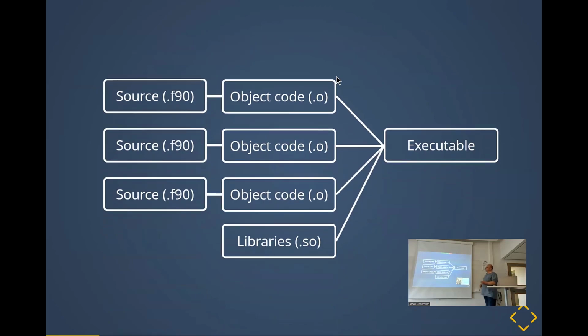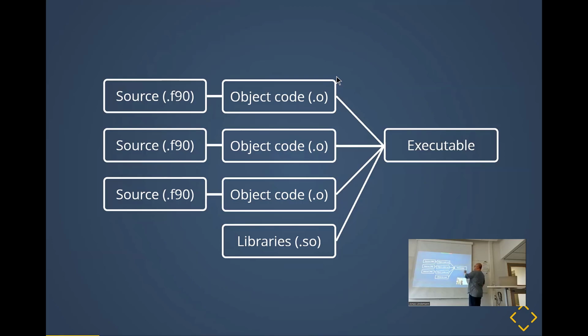So the procedure looks like this. You have your source code files here. The compiler compiles each source code file to an object file. Every source code file becomes an object file. We have libraries here that are pre-linked object files. And then finally, the linker links these files together into an executable.